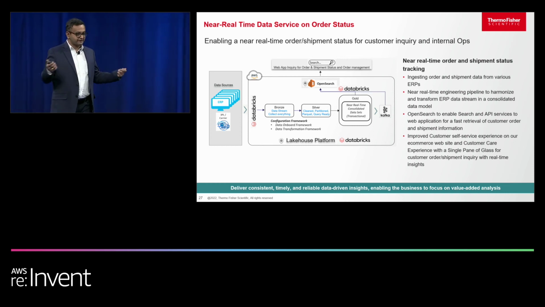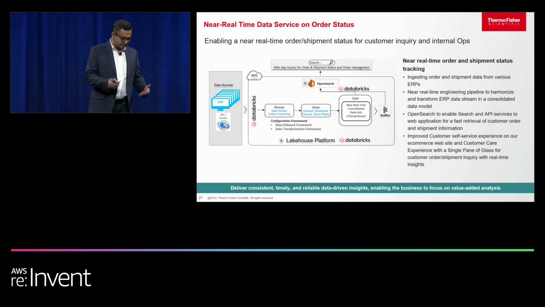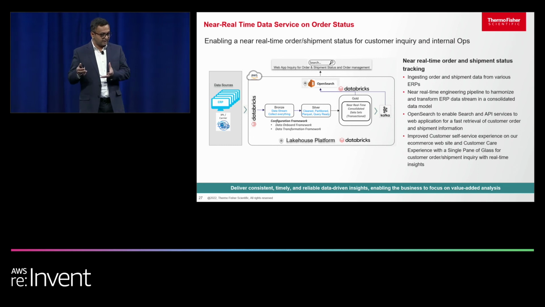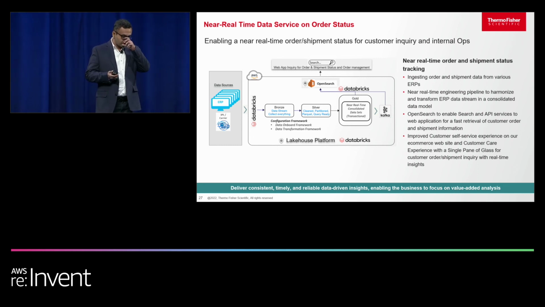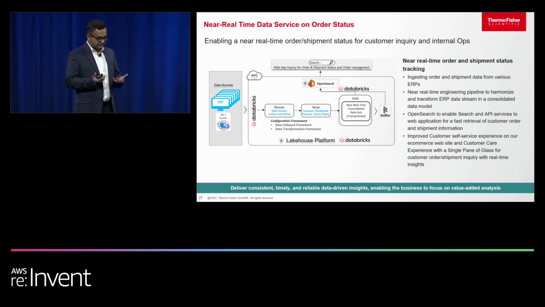You can't go to 50 different ERPs or 10 different ERPs to find the status of the order. So leveraging Databricks real-time ingestion practices, we were able to integrate the data into the bronze layer, silver layer, gold layer, and push this data into an open source platform with a UI on top of it, which allows the customer care agent to quickly type in any order information and look up the latest order status.